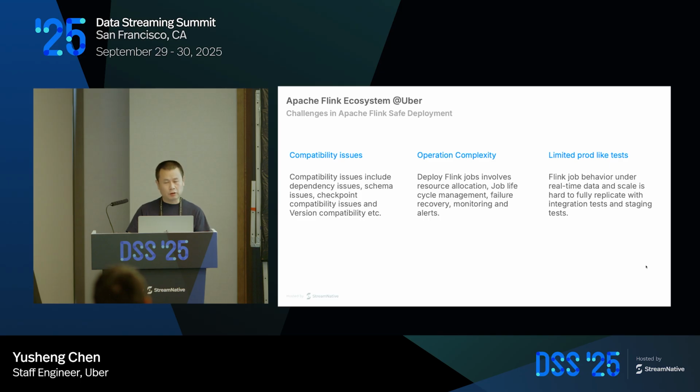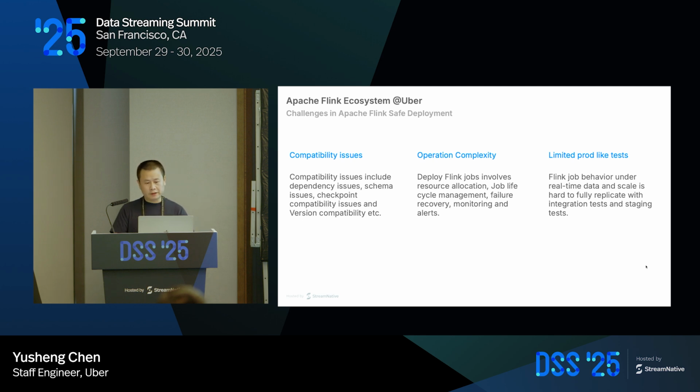We also make changes to Flink itself, basically upgrading Flink. All the changes, all the dependencies, all the data schema evolutions could bring compatibility issues. How can we detect them without impacting production? That's a big issue we are facing every day.